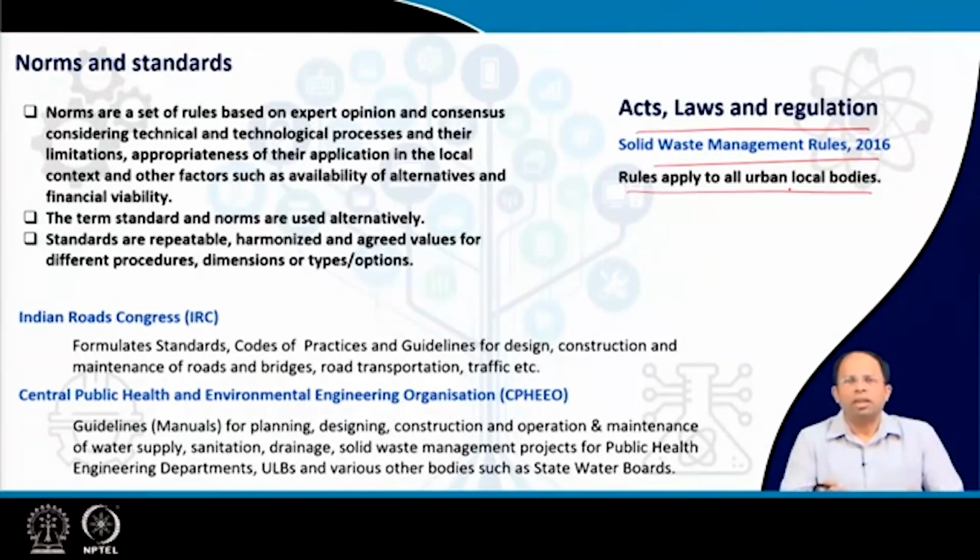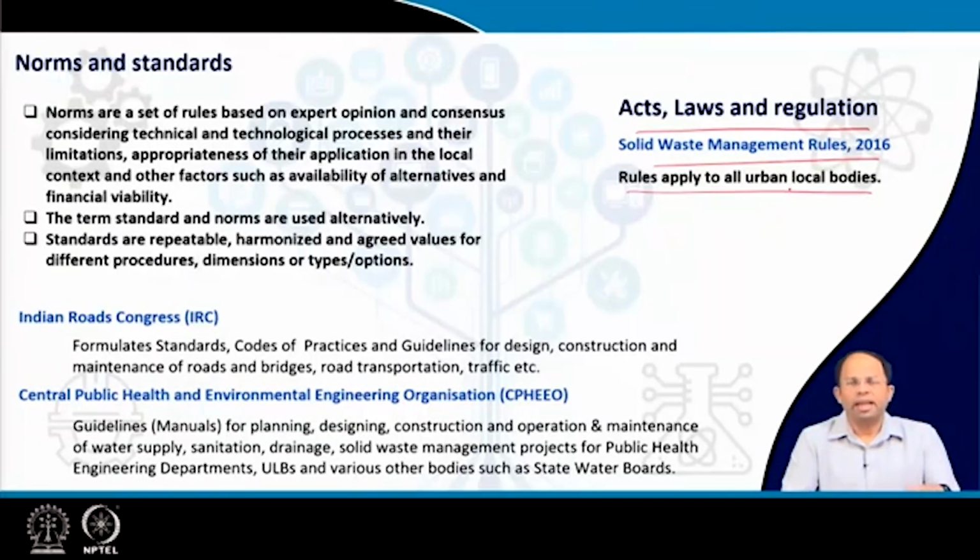So, norms are guidelines which are based on expert opinion, but it's based on consensus. That means it's not given by one expert, it's a consensus built up based on the opinion of multiple experts. This is in terms of the technical processes, because the outcome of an engineering process could be multiple, but which one is appropriate, which one is good, that is decided by experts, right.